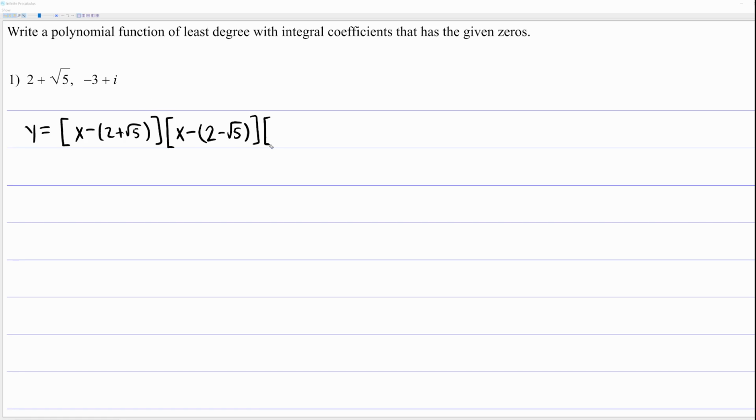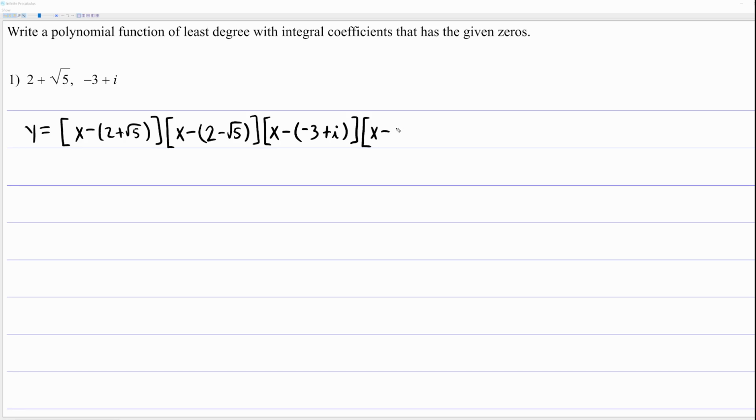Now we move on. If negative 3 plus i is a 0, x minus (negative 3 plus i) is going to be a factor. So x minus (negative 3 plus i). That's a factor. And then use the conjugate pairs theorem.